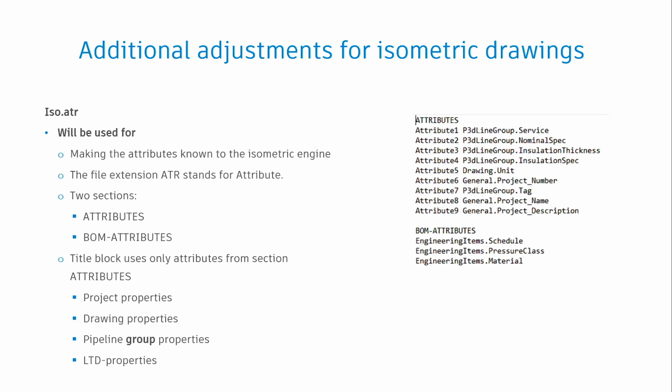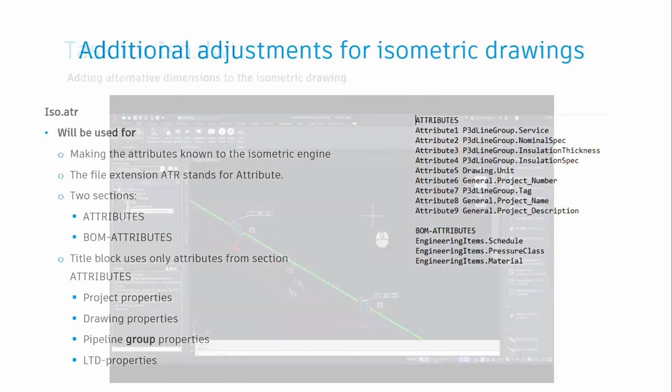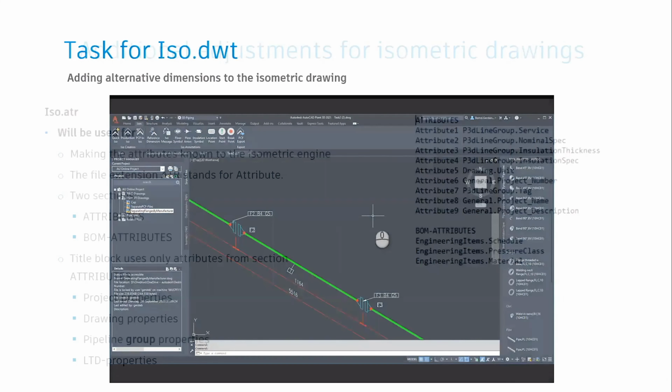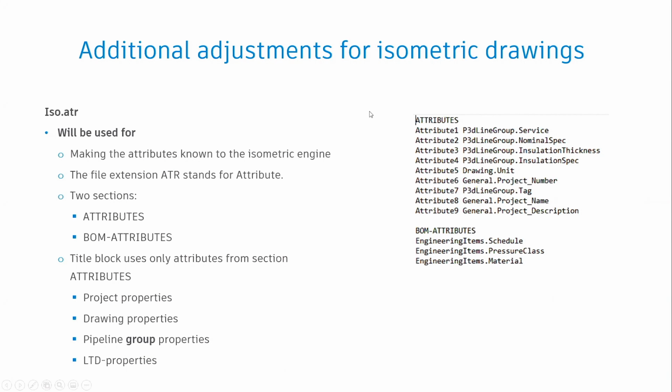On these properties, the line number scheme access through the tag component field. Other annotation schemes like component schemes are using the tag field to access all properties from this file. With all properties, I mean properties from section BOM attributes and attributes.